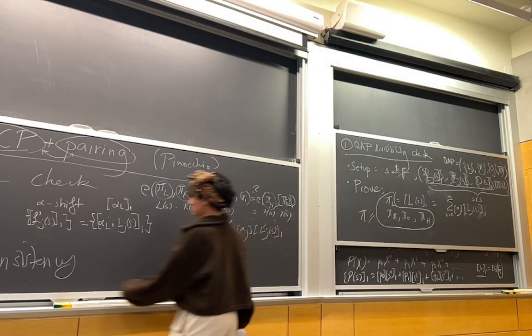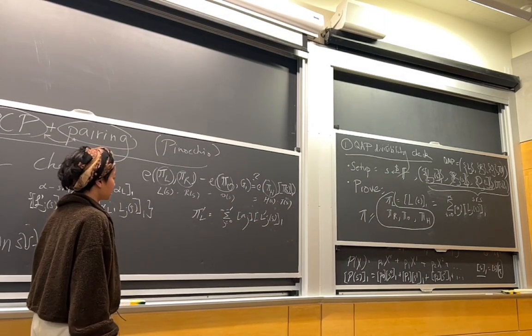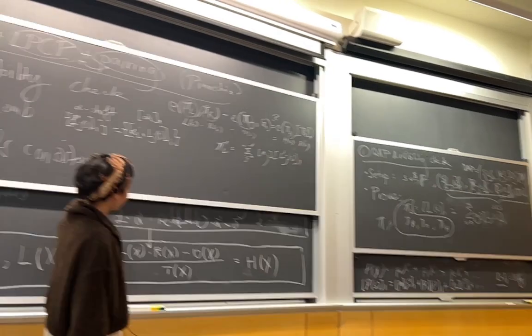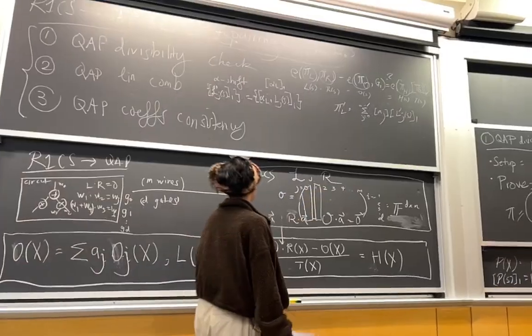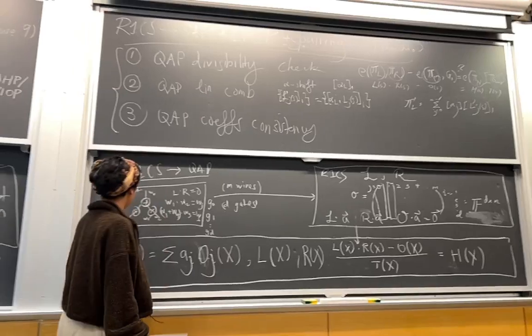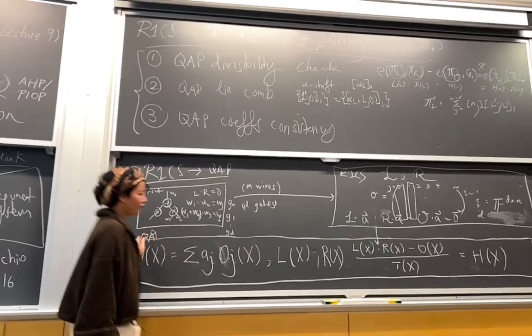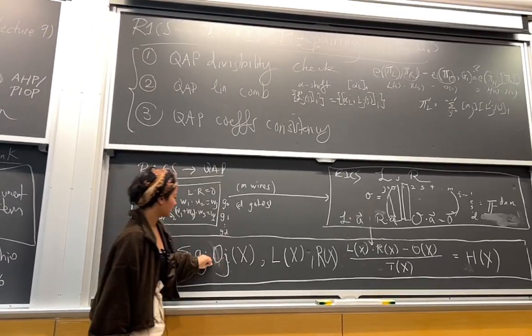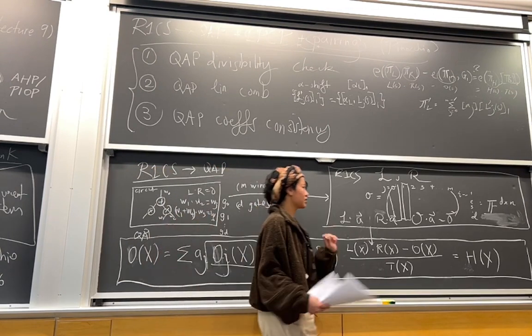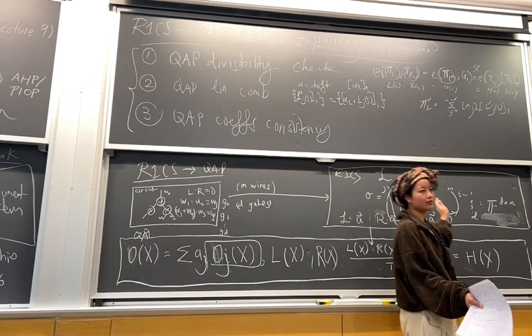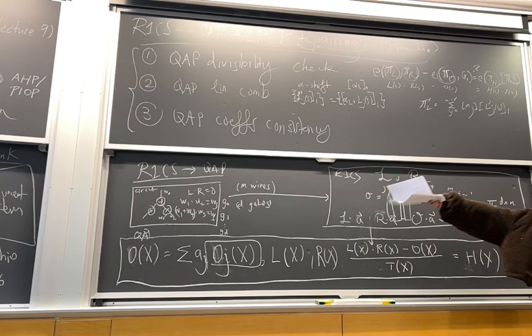Your circuit, your QAP, is defined precisely by the LJs, RJs, and OJs, the coefficient matrices that define your circuit.